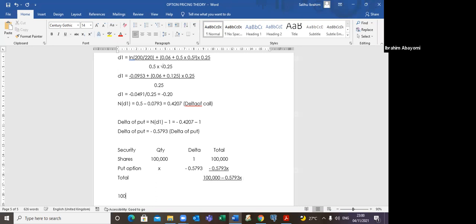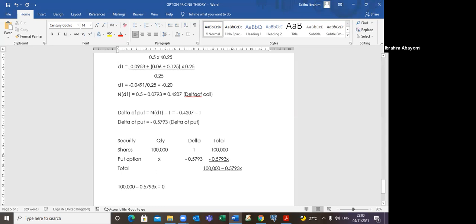I will have 100,000 minus 0.5793 X to be equal to 0. So equate it to 0. When you equate it to 0, you collect your like terms.